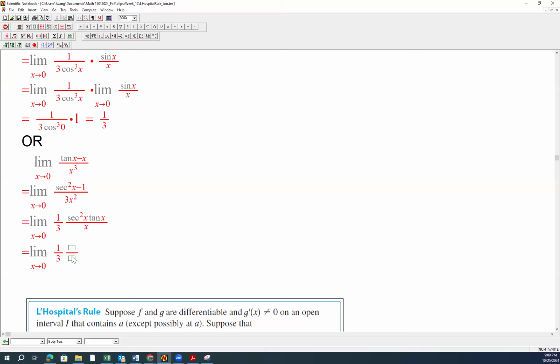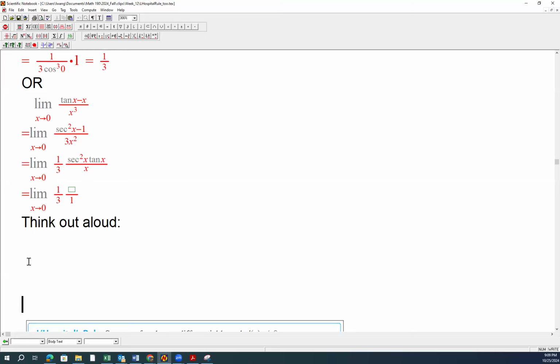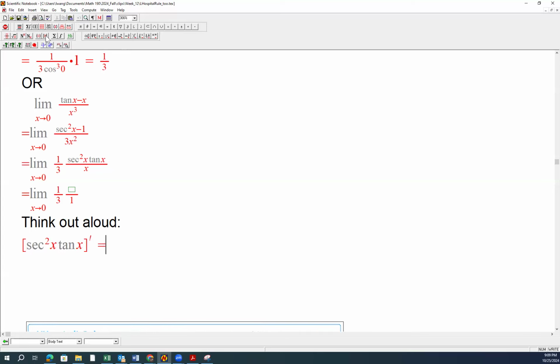And of course, you can see the derivative of x equals 1. The derivative of secant squared, we're going to have to use a product rule. Think out loud. You can do it directly, but I just want to take this opportunity to review with you how to take a derivative of this product.